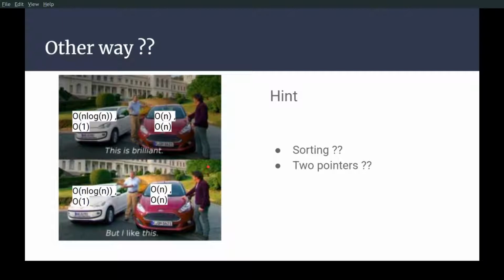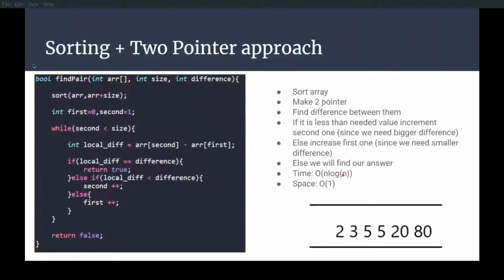Now, I don't want O of n space and time complexity. I am fine with O of n log n time complexity, but I want constant space. As Matthew mentioned already, we can sort the array and then use the two pointer technique.